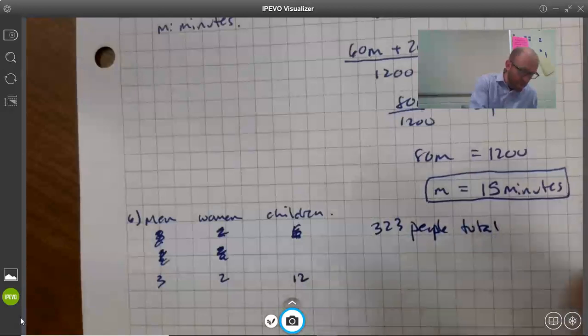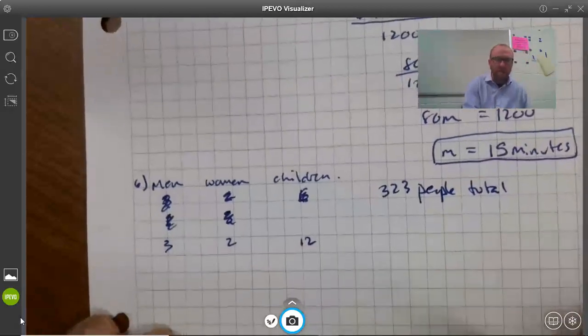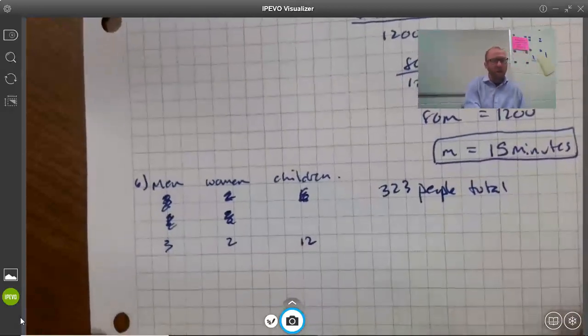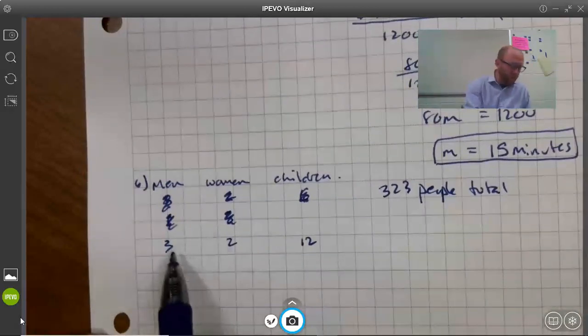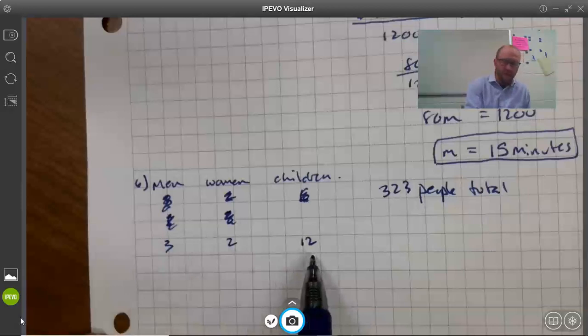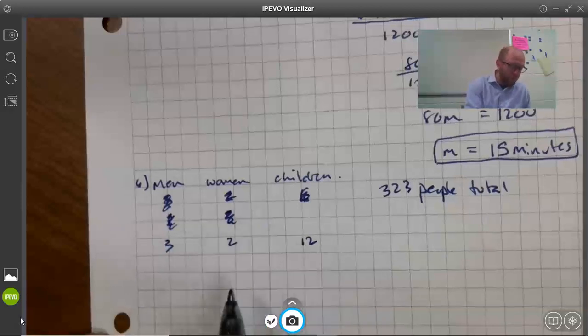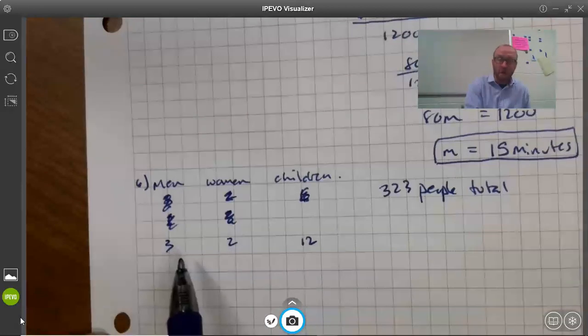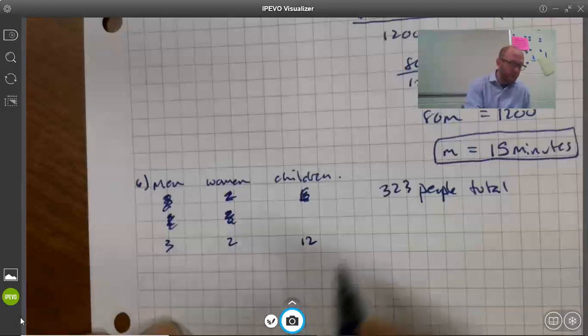People total. And let's see, we could write this out as, well, if you look here, there are 3 parts men, 2 parts women, and 12 parts children. So they're all together 12, 13, 14, 15, 16, 17 parts, 3 of which are composed of men.